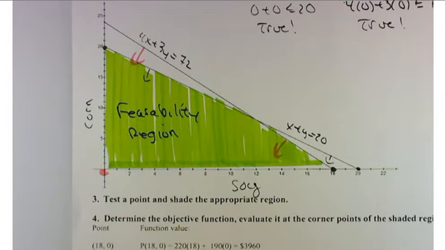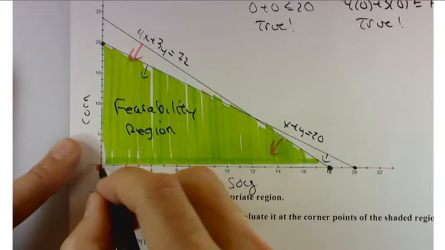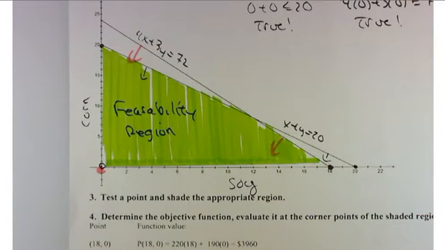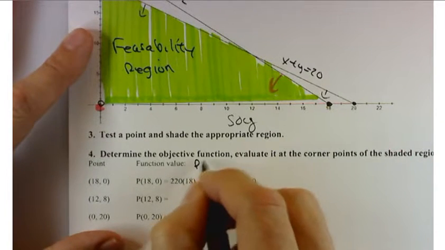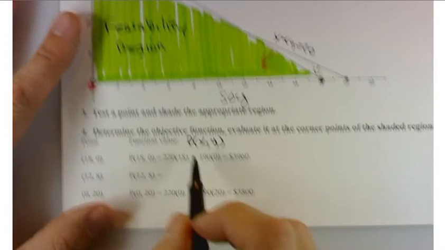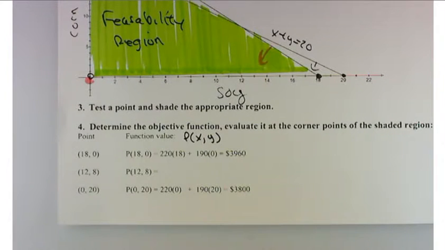So, what are you going to do? Well, to try and decide, keep in mind what we're trying to do is maximize our profit. So our profit comes from how much corn and soy we sell. So let me call that P of X, Y. Our profit depends on 2 things. It depends on X and it depends on Y. How does it depend on X?